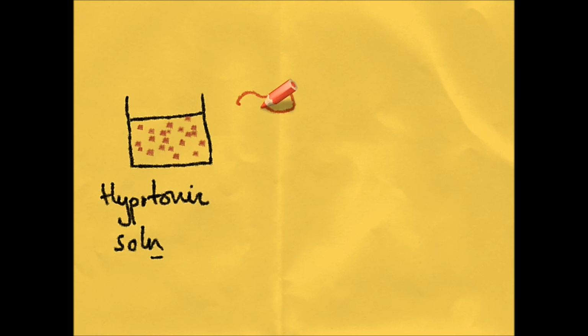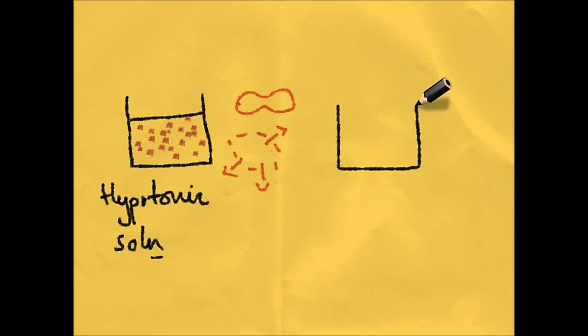So we take a given volume of blood and we add hypotonic solution. So the biconcave cells swell and burst to leave a solution of free haemoglobin. Now within our blood there are smaller amounts of other haemoglobins. Apart from oxyhaemoglobin and carboxyhaemoglobin, there are small amounts of haemoglobin such as methaemoglobin and sulfhaemoglobin.